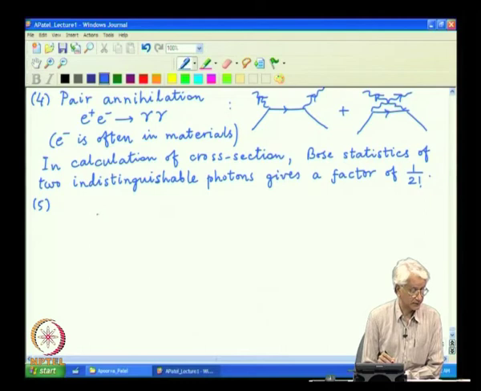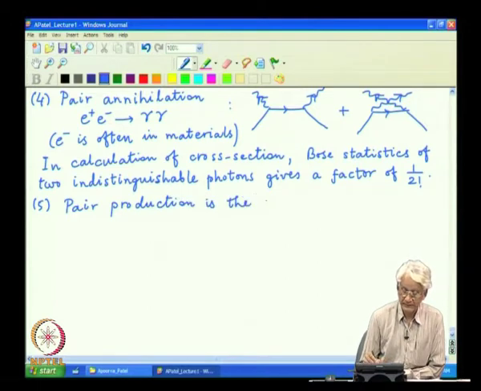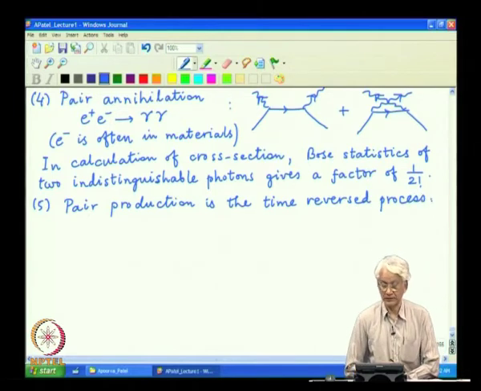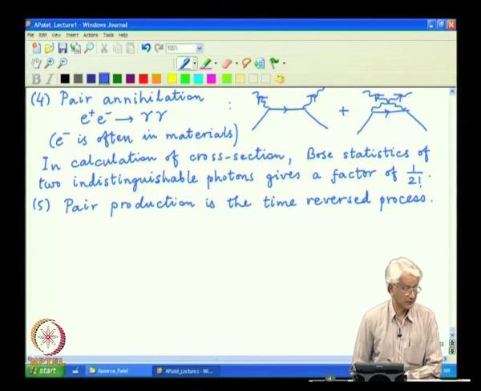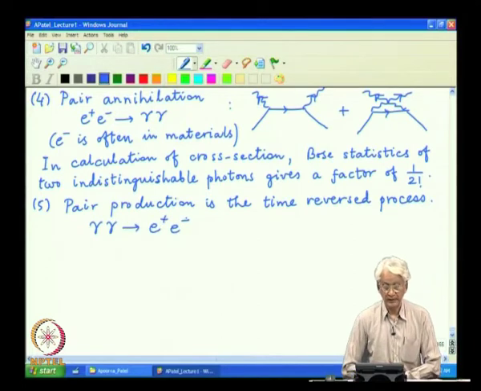A related process, essentially it is the inverse of this, is the time reversed process where two photons will change over to E plus E minus.